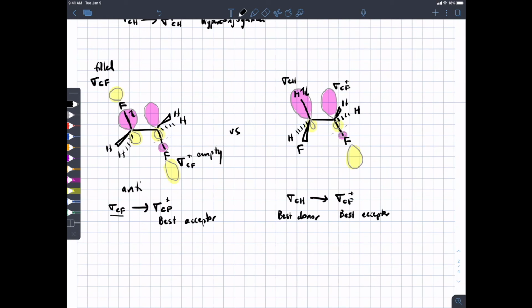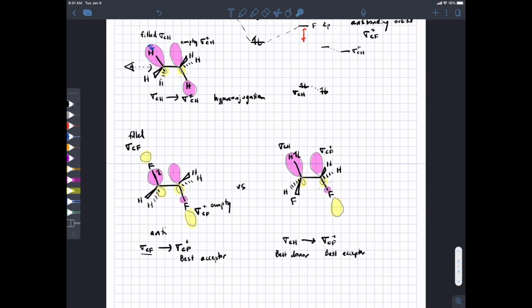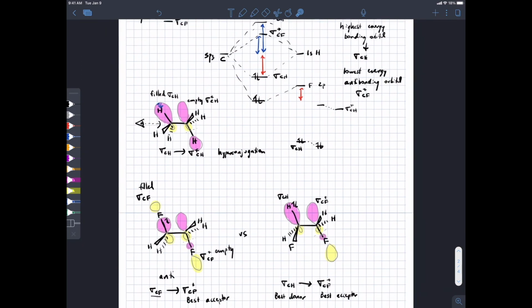Okay? Do you see that? It's only when the fluorine is anti to a hydrogen that you line up your highest energy bonding orbital, which is the carbon-hydrogen one, with your lowest energy anti-bonding orbital.